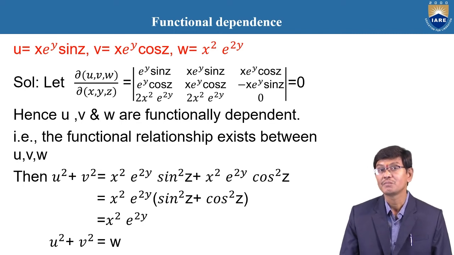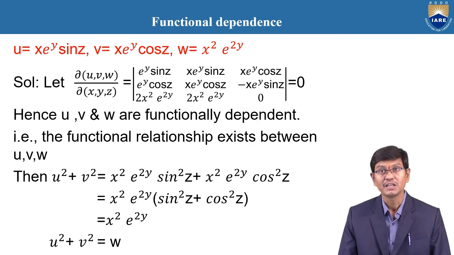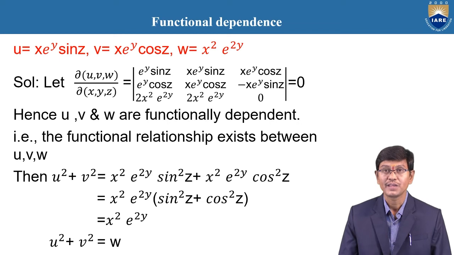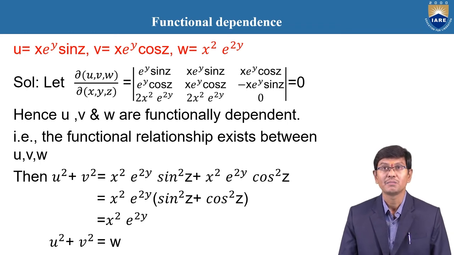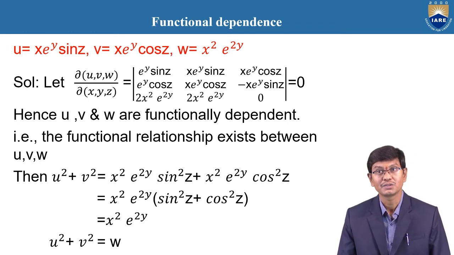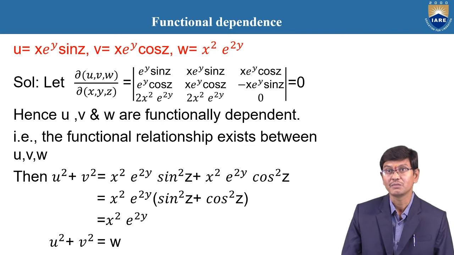Similarly, ∂u/∂y is also x e power y into sin z. ∂u/∂z is x e power y into cos z. Similarly, ∂v/∂x is e power y into cos z, and ∂v/∂y is also x e power y into cos z. And ∂v/∂z is equal to minus x e power y into sin z.